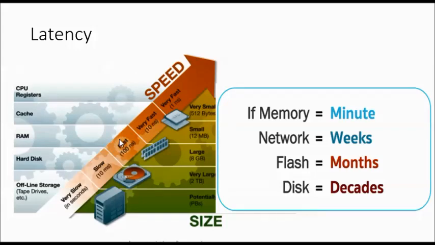This factoring does not continue when we move from RAM to secondary storage. Hard disks, on the other hand, have a latency of about 10 milliseconds. A millisecond is only a 1,000th of a second, so there's a factor of nearly 100,000 in speed difference.